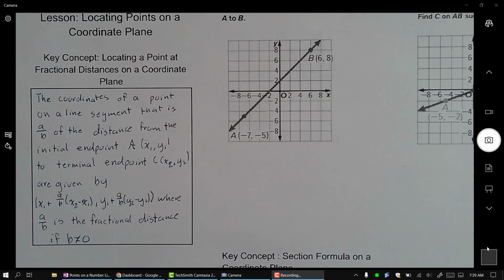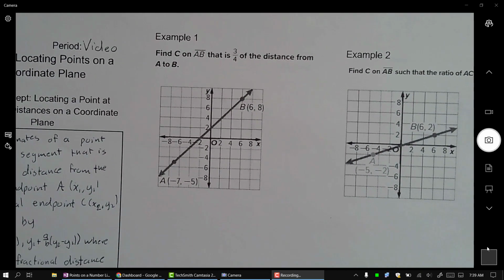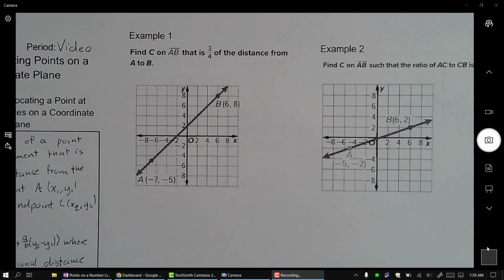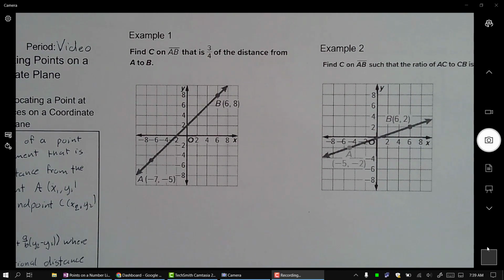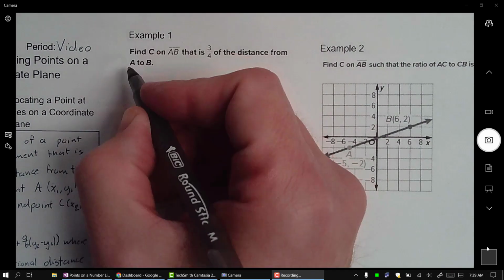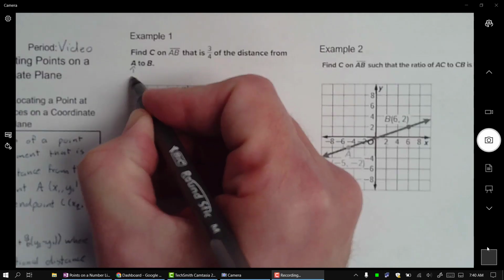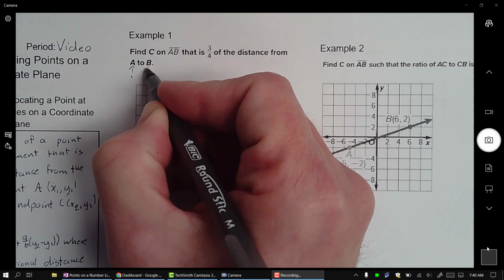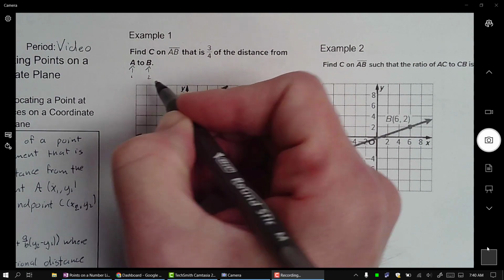So the first example says find C on AB that is 3/4 of the distance from A to B. So A is going to be my start, so that's going to be my 1s. B is going to be my end, so that's going to be my 2s.